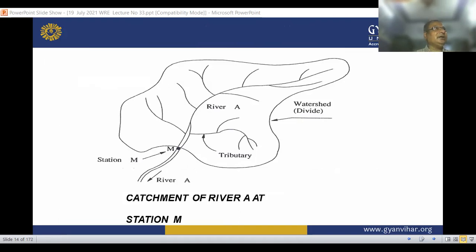The water area of the catchment comes in the zone, and it makes the entire river catchment.